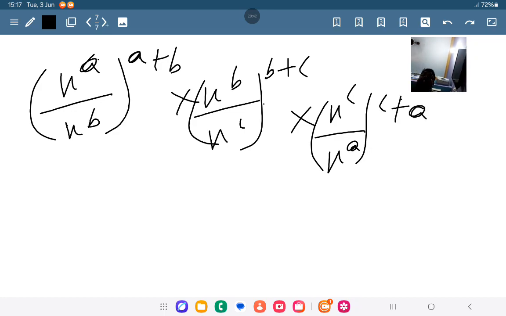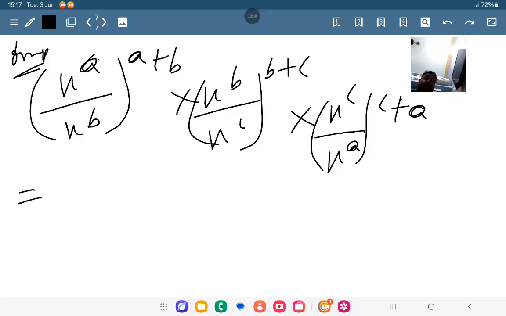Just simplify. It's an important question. Just simplify this question. That is equal to, just look here, x to the power a divided by x to the power b.